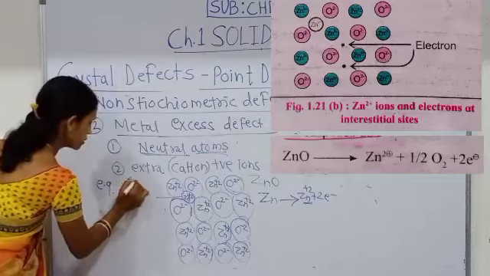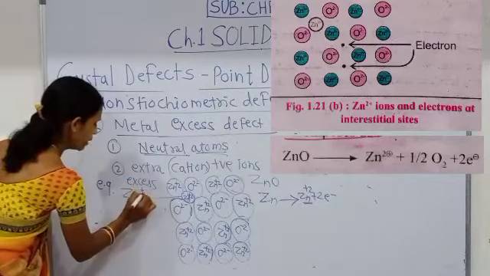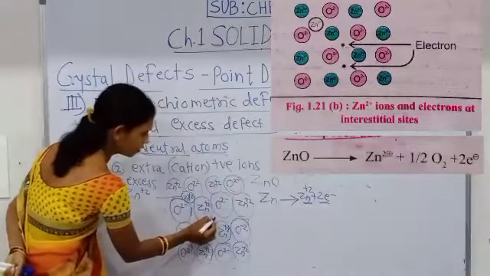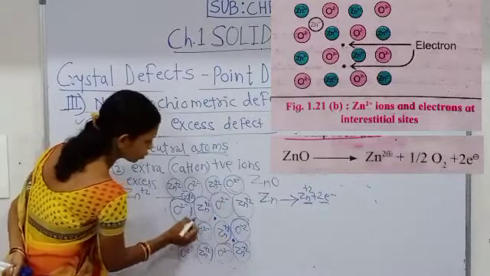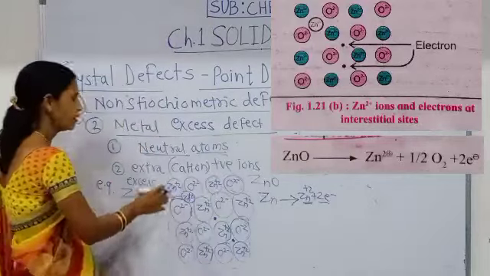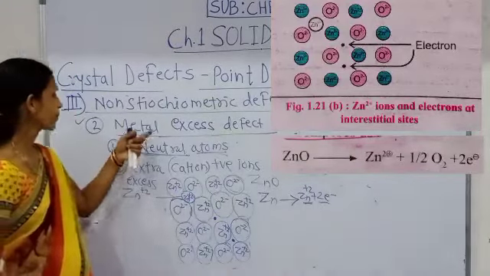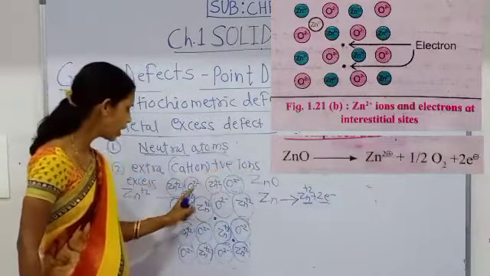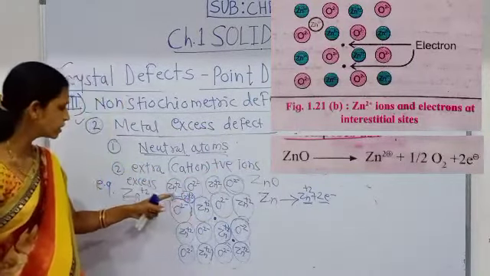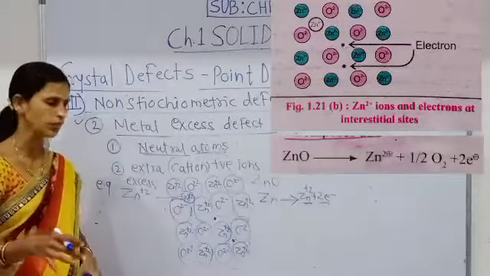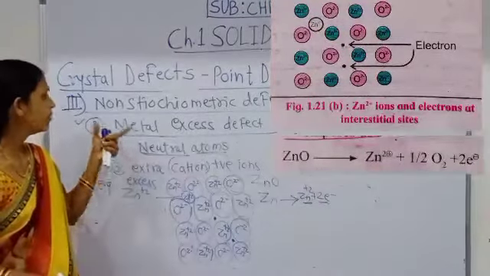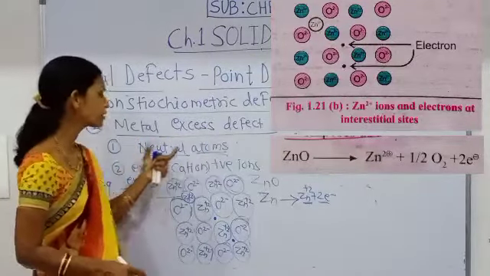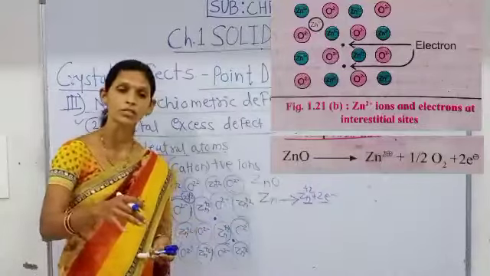That excess Zn2 plus ion is there, and the 2 electrons lost also occupy interstitial space. That defect is due to extra positive ions: extra positive Zn2 plus ions present at interstitial space. That is called metal excess defect produced due to neutral atoms or extra positive ions in the interstitial space.